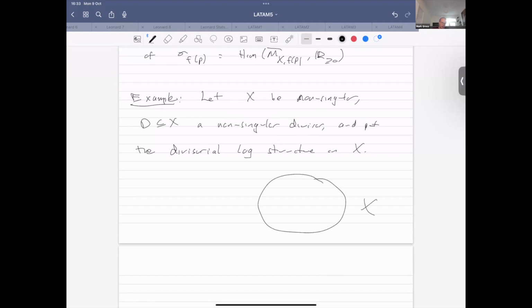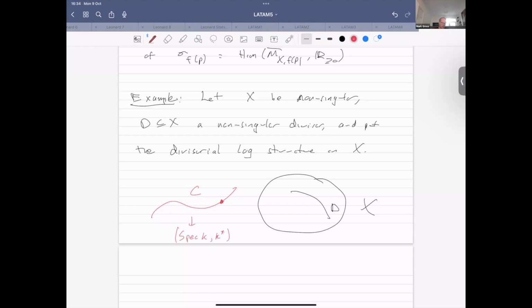We have X here, and now we have the divisor D. And now let's take a curve, maybe with, let's make life easier for ourselves, a curve C with one marked point. And this will be just over the trivial log point, so log point just with the sheaf of monoids K star.